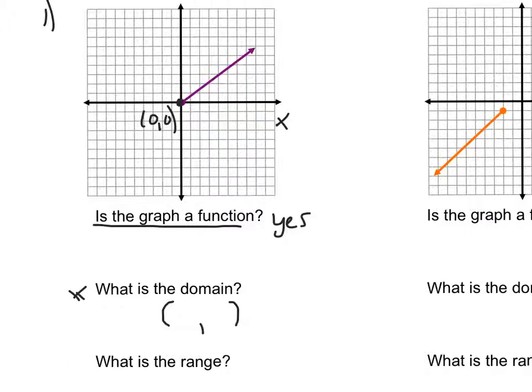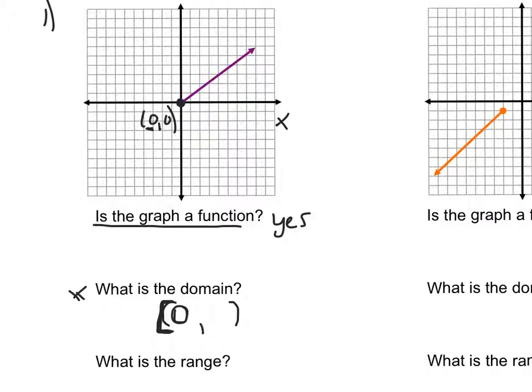Because the graph doesn't go to the left anymore, the least value is 0. And 0 is included because this is a closed circle. If it's included, then we use a bracket. So I'm going to use a bracket when the value is included and there's a closed circle.